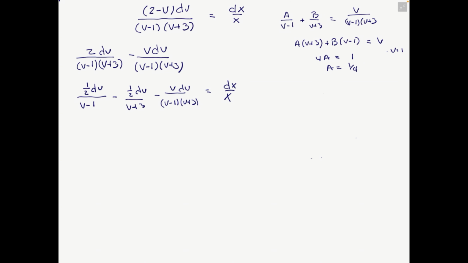A equals 1/4. That looks familiar. Okay, so 1/4 times v plus 3 plus b times v minus 1 equals v. All right, so maybe in this case, choosing v equals 0, we've got 3/4 minus b equals 0, so b equals minus 3/4.